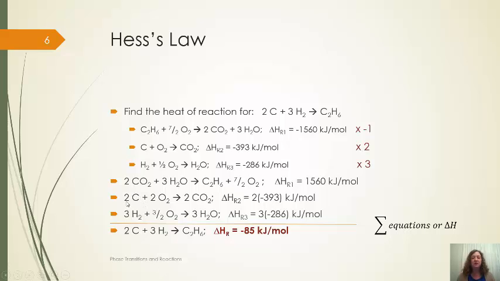I'm left with 2 carbons plus 3 H2s makes C2H6. So I have combined these reactions to create this reaction. I just added these, so now I'll add these heats of reaction, and the sum tells me that the heat of reaction for this is negative 85 kilojoules per mole.